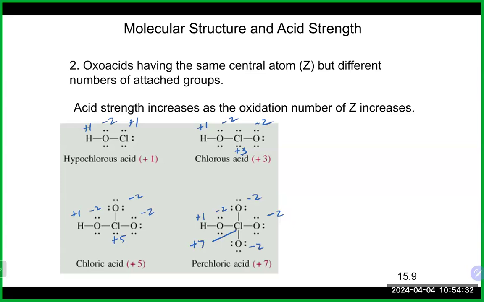Now, as you can see, chlorine has positive oxidation states in this case, rather than what you normally think of as the charge on chlorine, which is -1. And it is -1 in an ionic compound, where the electrons are completely transferred from the metal to the non-metal. It will gain that electron and have a -1 charge. In this case, it is not an ionic compound, and none of these are.